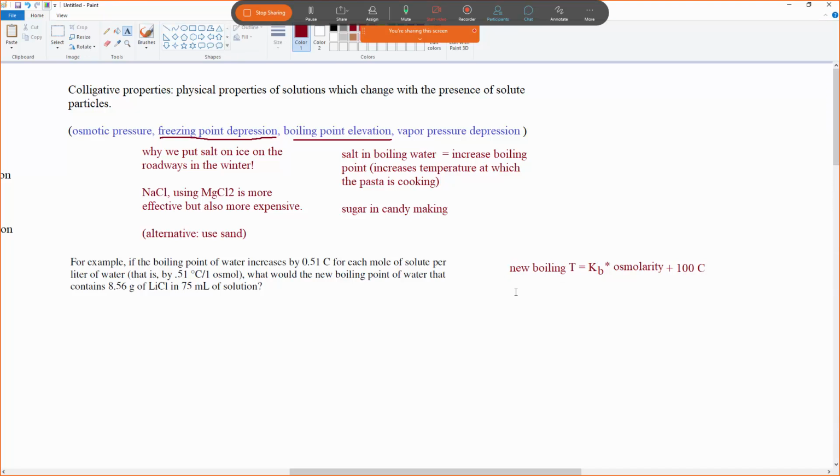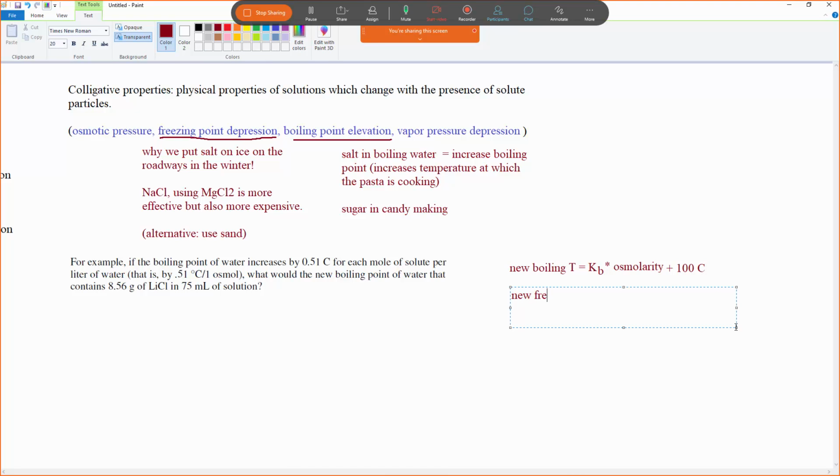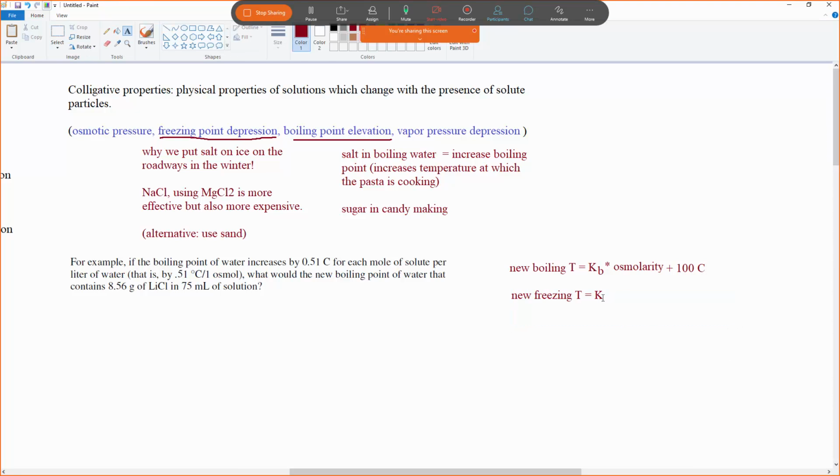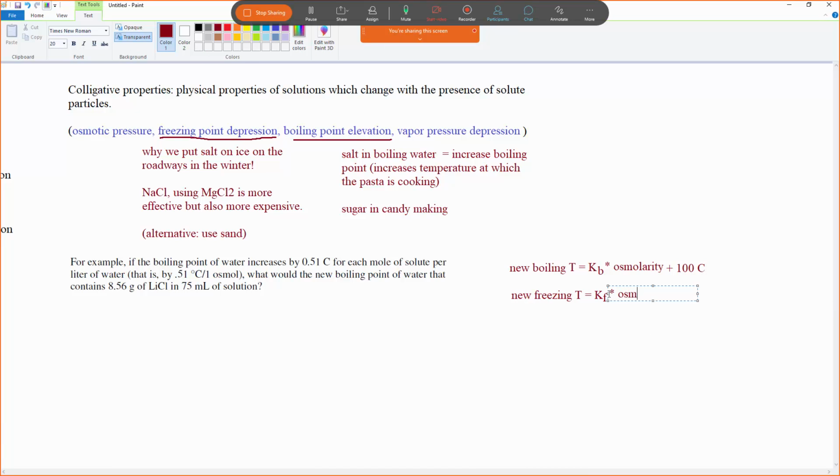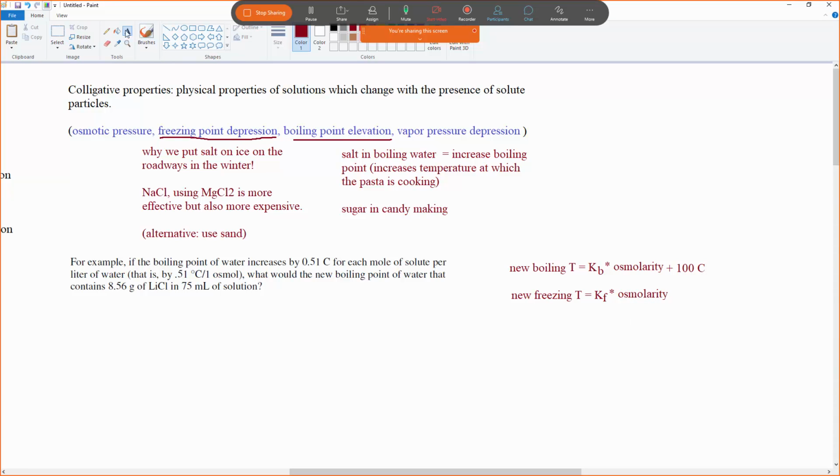And for the new freezing temperature, that's going to be the freezing point constant, and this is kind of unique to everything. I would never have you memorize these. Again, times the osmolarity, and then you're going to subtract that, right? Because this is always a depression.